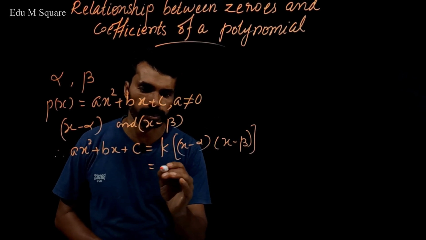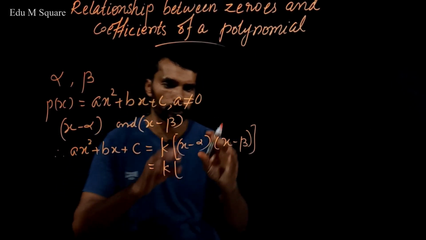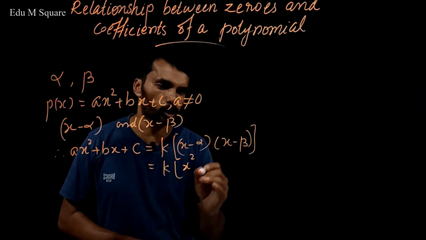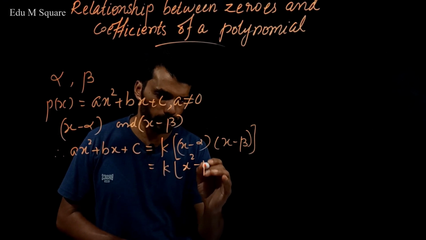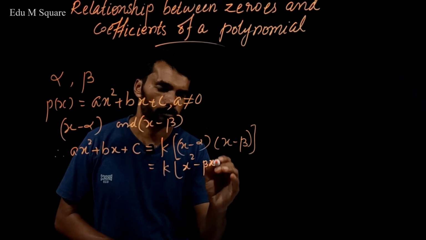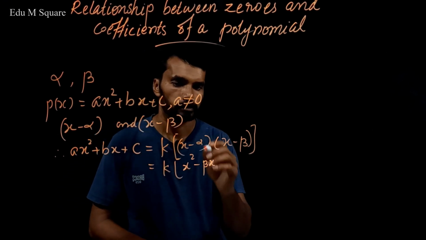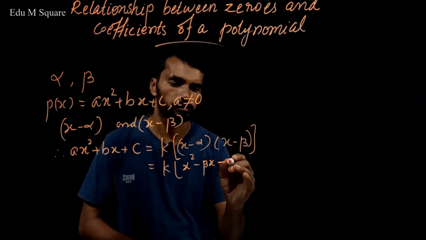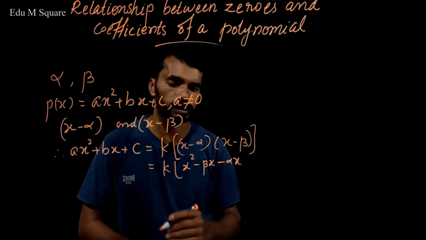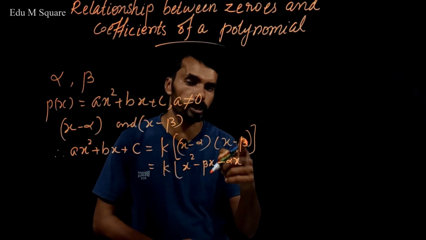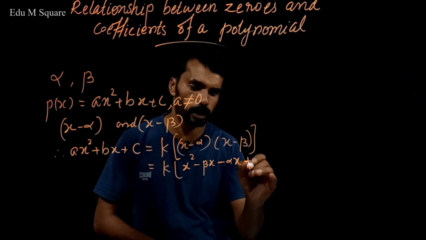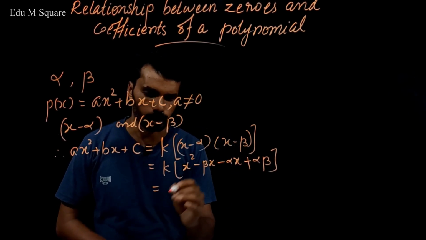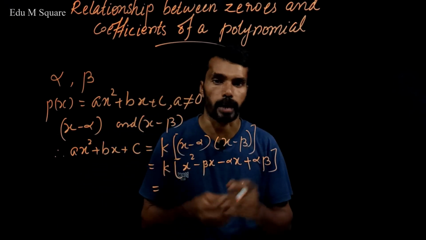So it can be written as k into, just to multiply these two brackets, x square, then x into minus beta, that is minus beta x, then minus alpha x, then minus alpha into minus beta, minus into minus plus alpha beta.